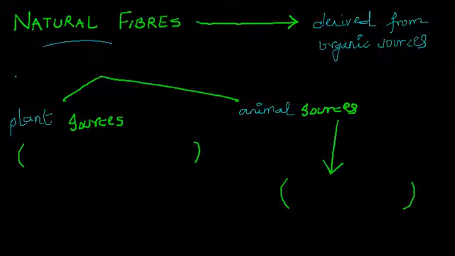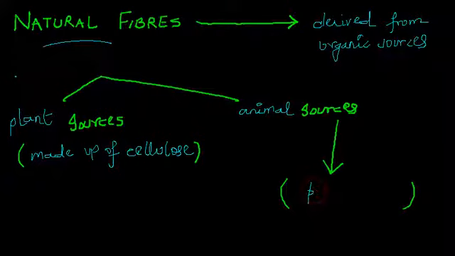Now these plant sources are made up of a very common term, cellulose. And animal sources are composed of, yes, you guessed it correct, proteins.